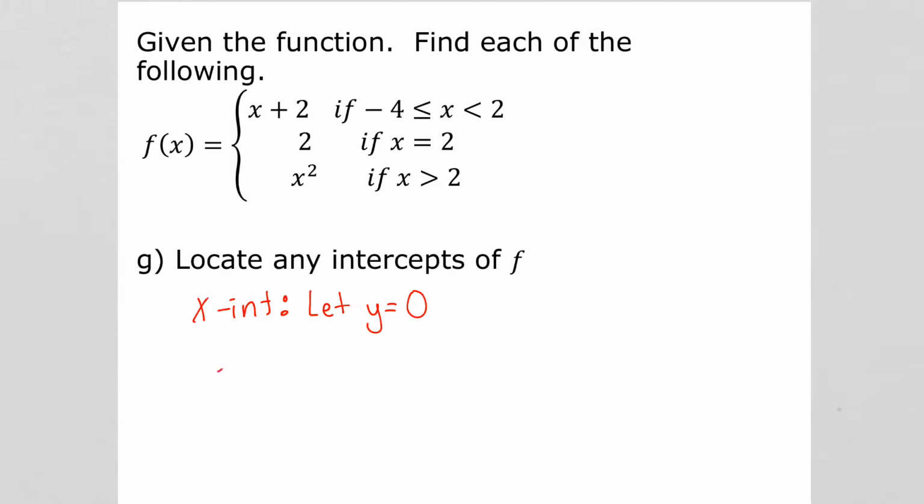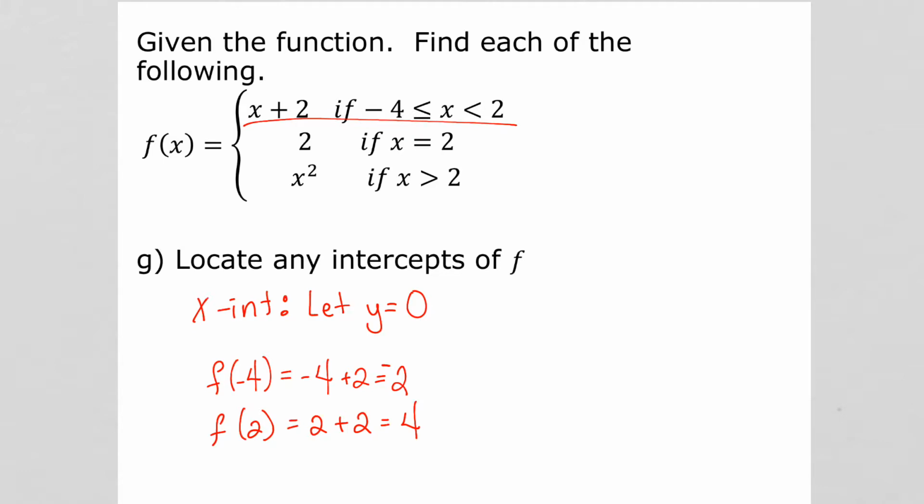So if we go f of -4, that was -4 plus 2, or -2. And f of 2, that was 2 plus 2, which is 4. So our x-intercept has to be somewhere in between there. So that means that this first piece of the function is where we look for it.